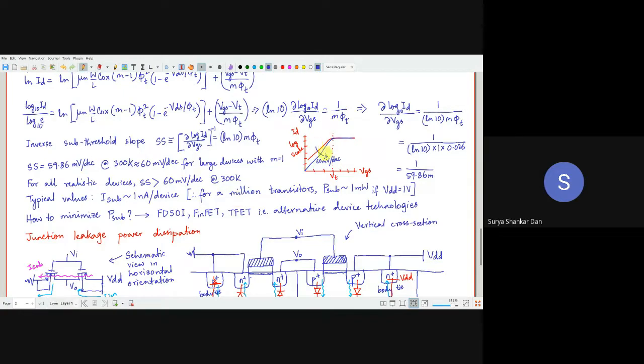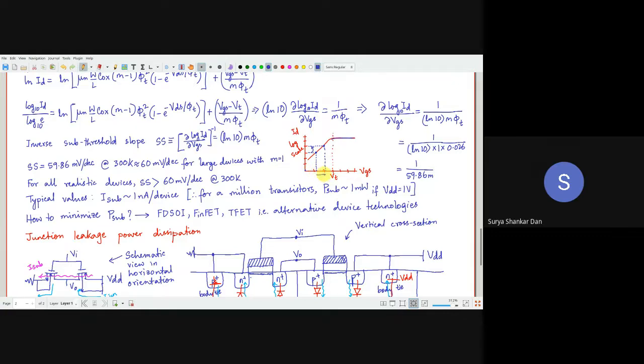Okay. Now, why are we saying millivolt per decade? Very simple. What it says is, remember this is a log scale, right? So from here to here, this is essentially increasing by one order, that is one decade. If we take a projection of this on the VGS axis, then this is the amount of voltage that is necessary to add from here to here.